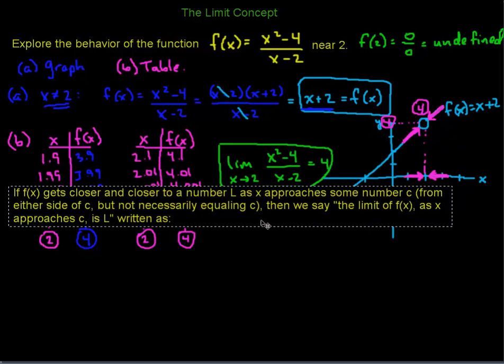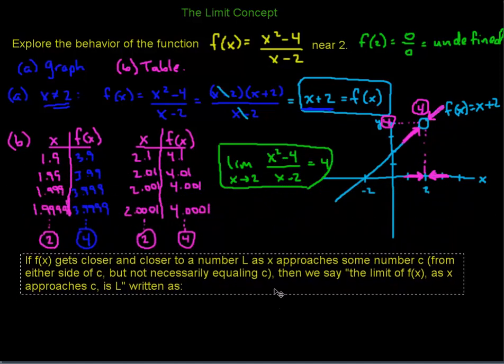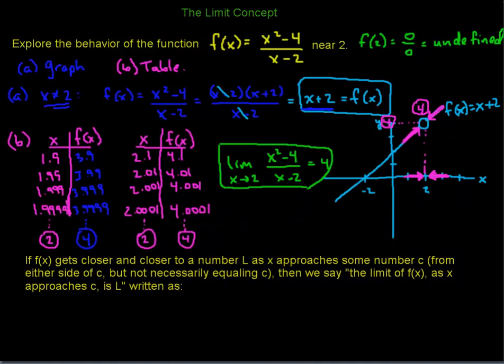One little summary that I want to put together at the end is an informal description of what it means for a limit. In general, if f of x, the y values, get closer and closer to some number L as x approaches some number c, so in our example, L was 4 and c was 2, from either side of c, but not necessarily equaling c.